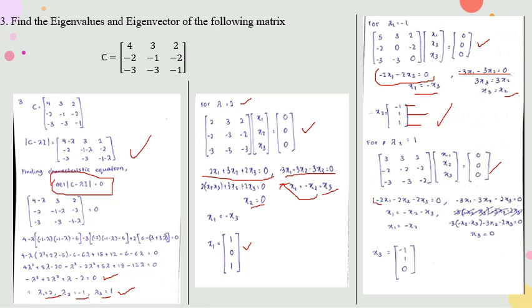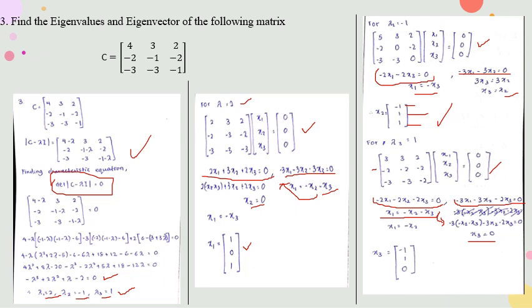Here I'm using the second row, negative 2x1 minus 2x2 minus 2x3, and we find this new equation, which is x1 equals negative x2 negative x3. Then I'm using the third row, negative 3x1 minus 3x2 minus 2x3 equals 0, and then we substitute the equation that we found just now into this equation, and we will find that x3 is equal to 0.